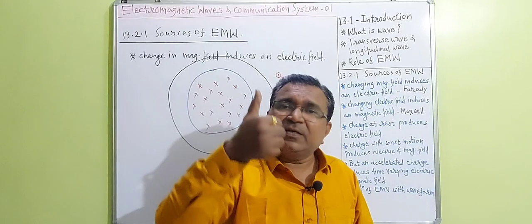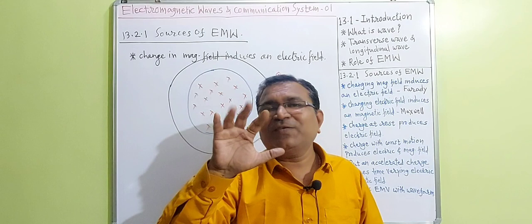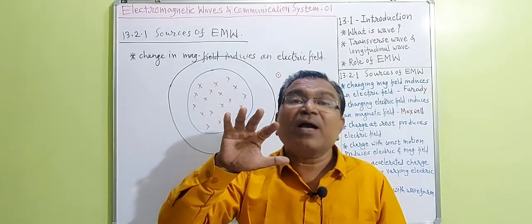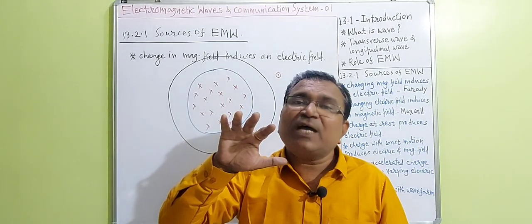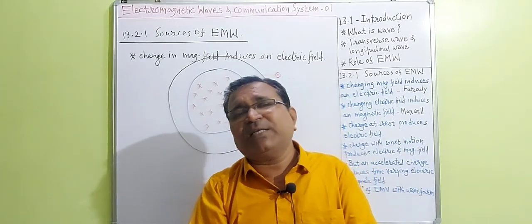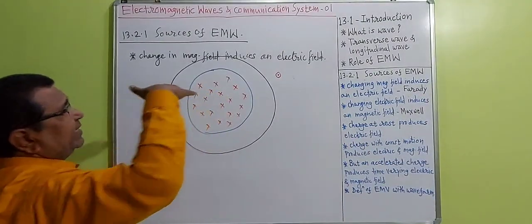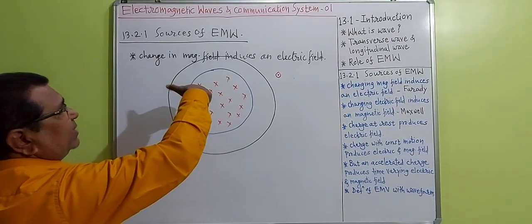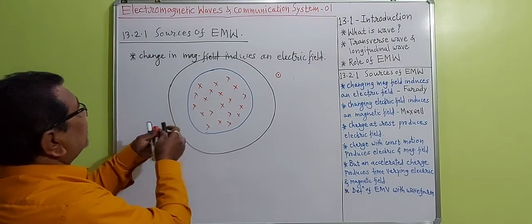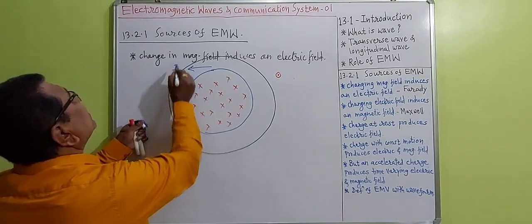The direction of the electric current is shown by the thumb, and these four fingers suggest the direction of the magnetic field. As soon as there is a change in magnetic field, what happens? I want to explain that. The direction of the magnetic field is like this, and so the direction of the current is produced, and the direction of the current is like this.